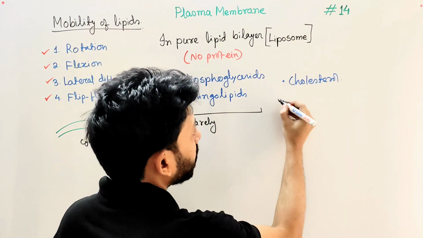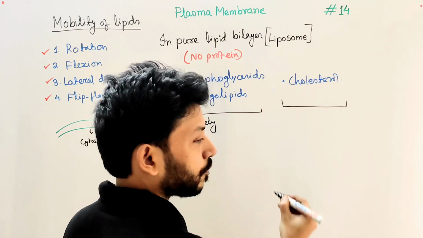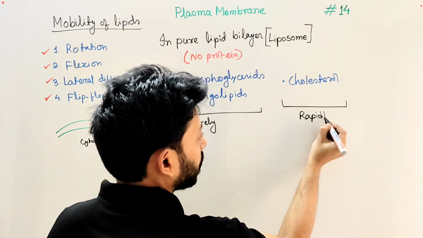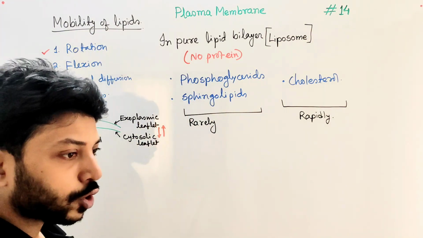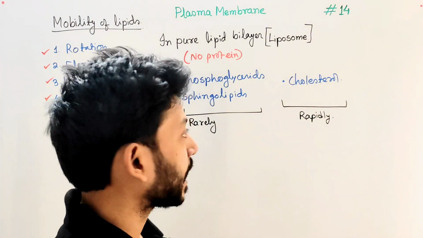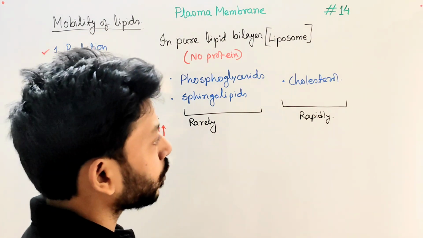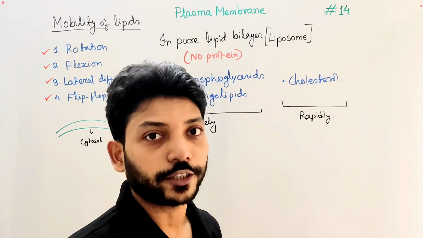But in case of pure lipid bilayer, cholesterol can perform flip-flop movement very rapidly. So these 2 lipid molecules do not spontaneously flip-flop, but they can show rotation, flexion, lateral diffusion. But in case of cholesterol, it can rapidly flip-flop from one layer to the other.